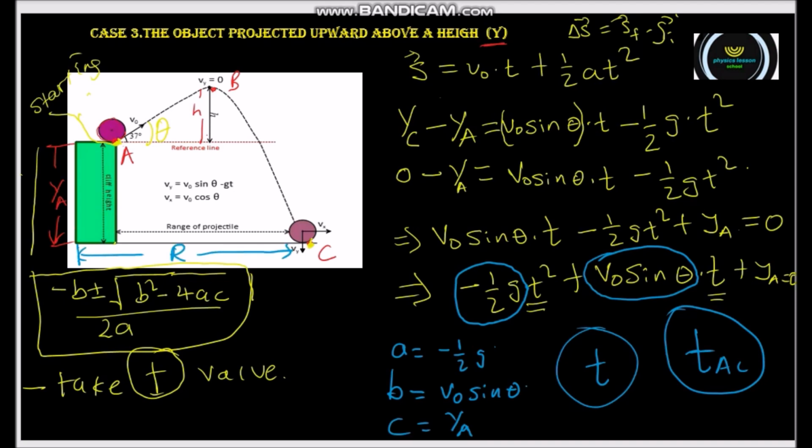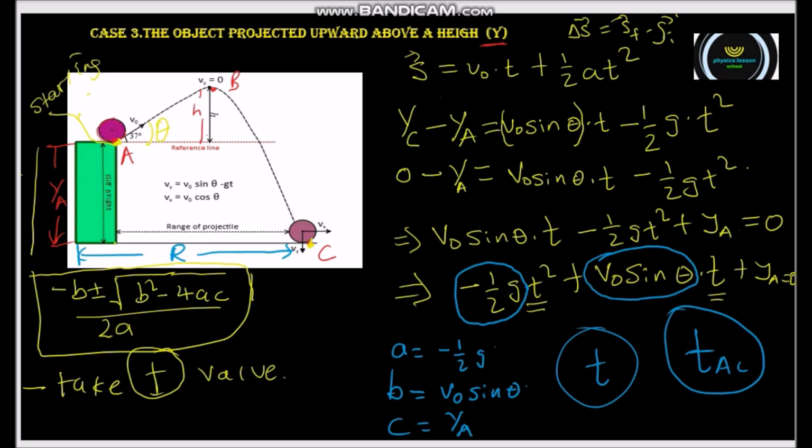We can find the range by V naught across the x times t, from A up to C, because of the total time of flight. The total time of flight, or the t, we can calculate by using the quadratic equation.